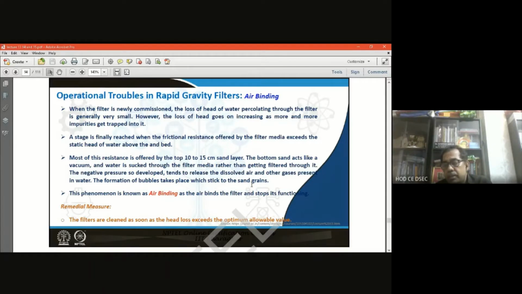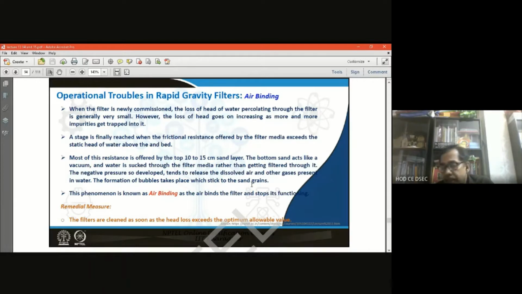So this is a genuine operation trouble in the rapid sand filter, formed again and again due to the negative pressure, the suction developed under the filter media, as the top 10 to 15 centimeters of sand resist the head of the water above the sand from flowing down.